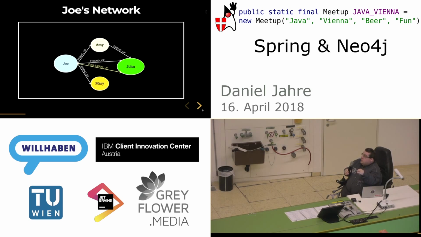There are connections between the friends of Joe, but some are not connected. And we also have different kinds of connections, because Joe is a friend of John, but he's also a colleague of John, which is a different thing. And we can express this difference in a graph just by using those annotations. Any questions so far? Okay.